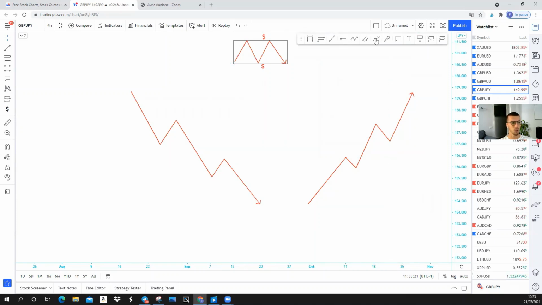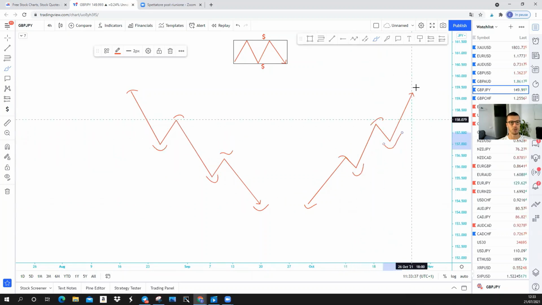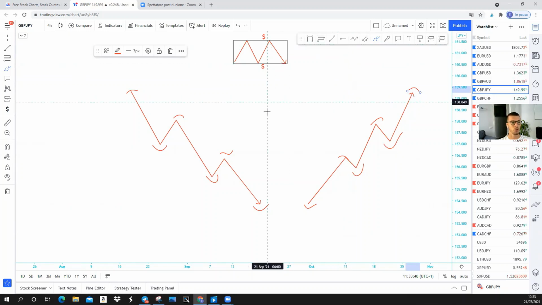Now, on trending markets, we are creating highs and lows. We need to notice which way we are creating these highs and lows. For example, on a downtrend, we are creating lower highs and lower lows, and on uptrends, we are creating higher highs and higher lows. Let me show you. For those of you who are new, you need to look at the single lows and highs that we are creating.